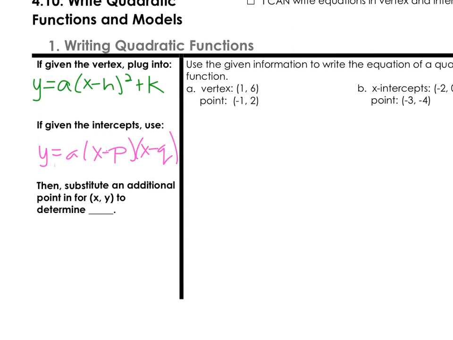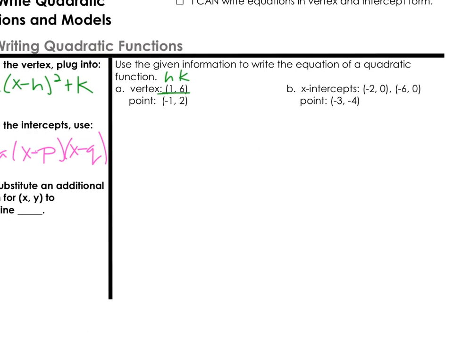When you're asked to write a quadratic function in either vertex or intercept form, follow these steps very carefully. If you know the vertex, you literally just plug the h and k into vertex form. If you know the x-intercepts, then you plug them in for p and q in intercept form.